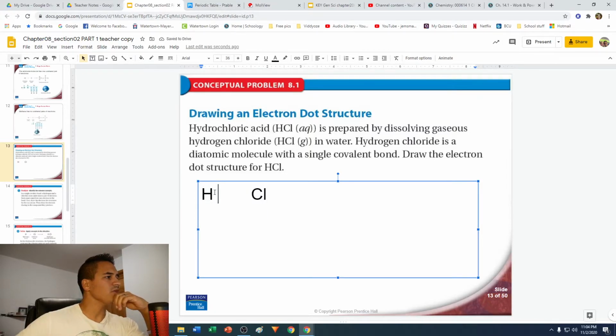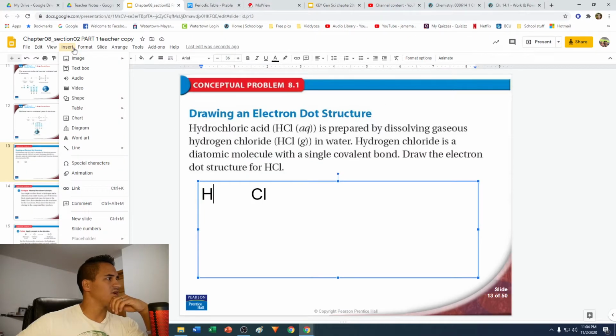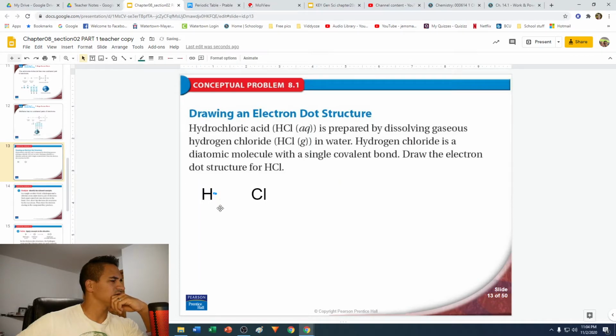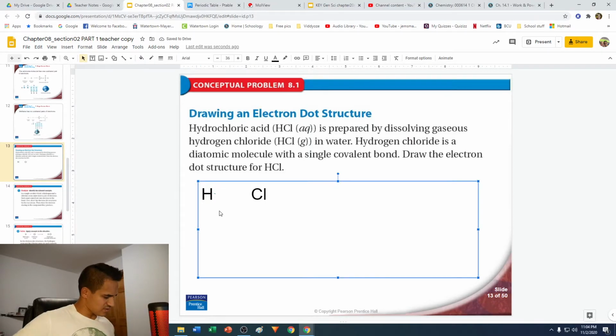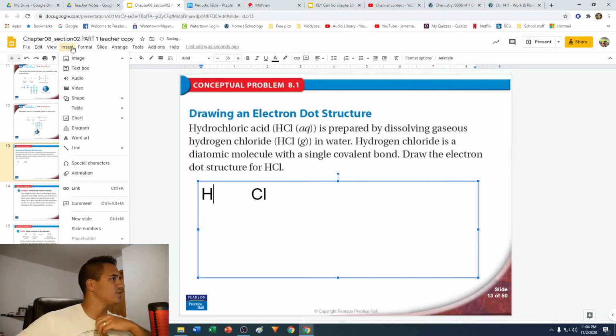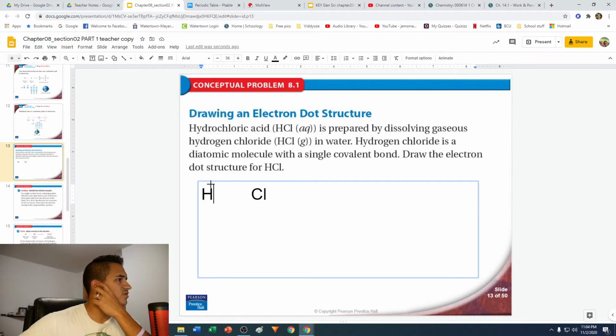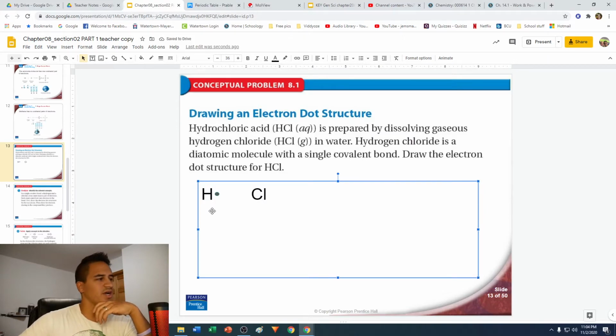Now H has 1 valence electron because it's in column 1 on the periodic table. So we're gonna just put 1 dot here. Let's do shapes. Circle. Okay. There's our 1 dot.